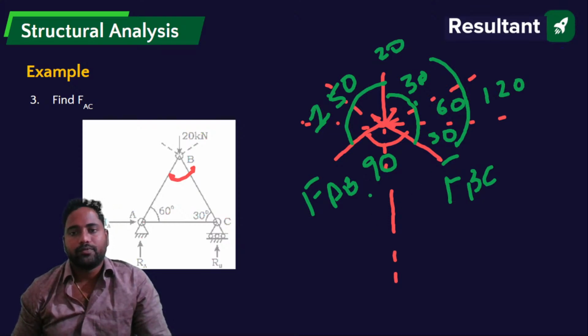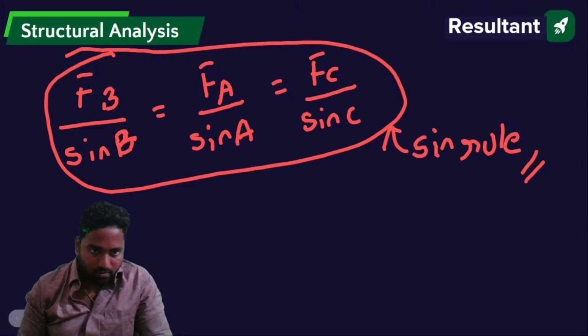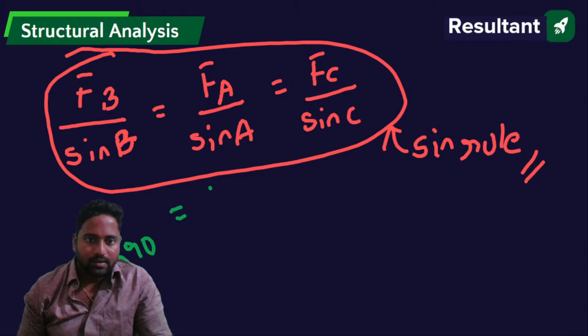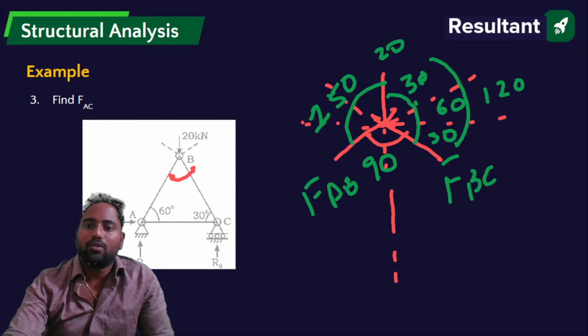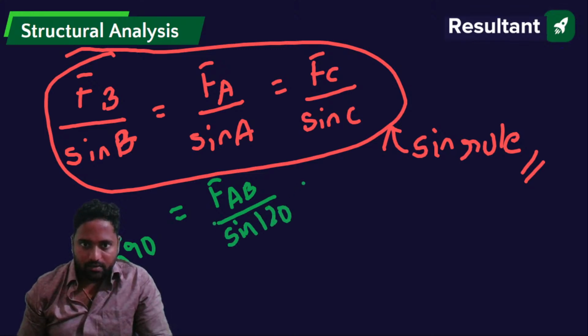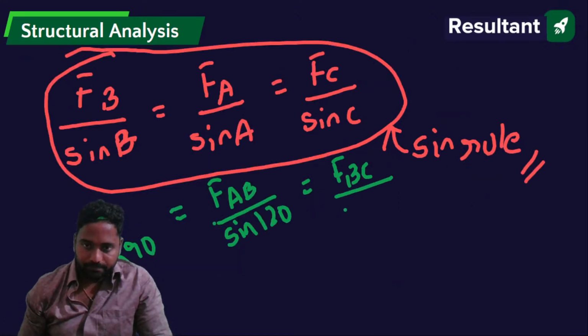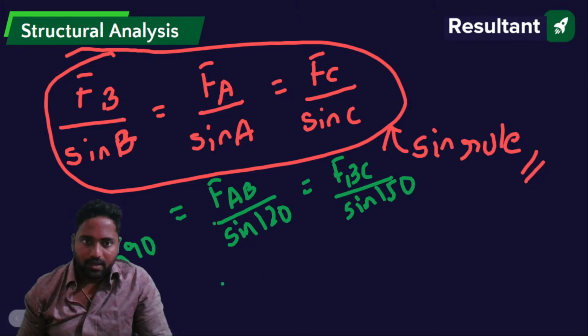Now if I try to apply the sine rule over here, what I'll get is 20 upon sine 90 equals FAB upon sine 120, and FBC upon sine 150. So from this, what would be FAB now?